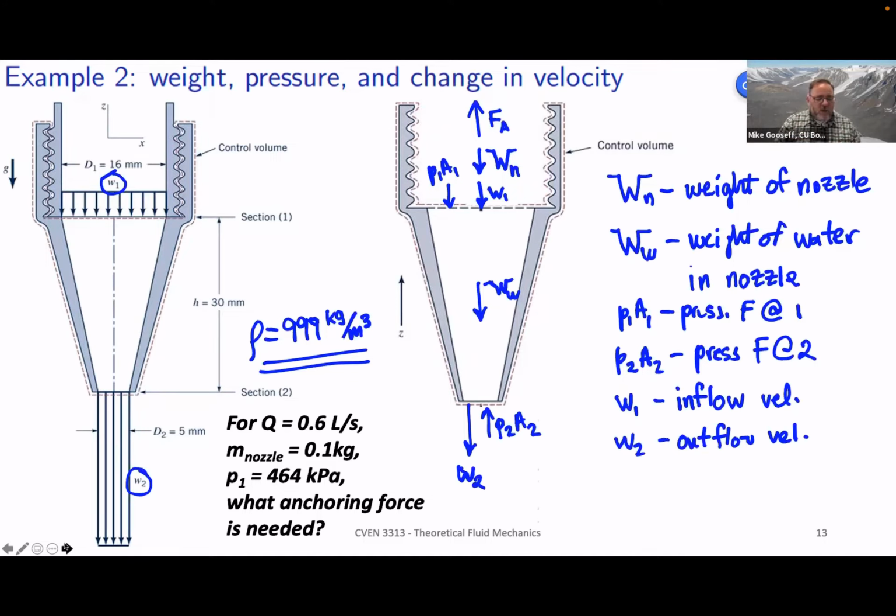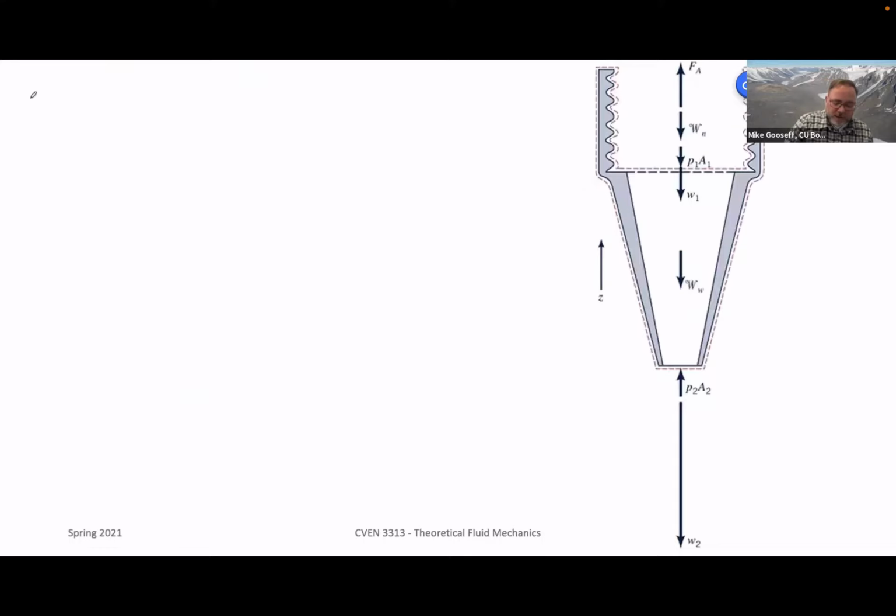And so we can write this momentum equation with the sum of the forces in z included. I'm going to skip the part of writing the 0 that we're going to throw out. The sum of the forces in the z direction is just equal to the sum over the control surface of our momentum flow rates, little w times rho times v, the velocity vector, times n hat dA.